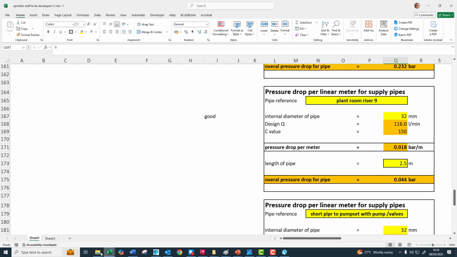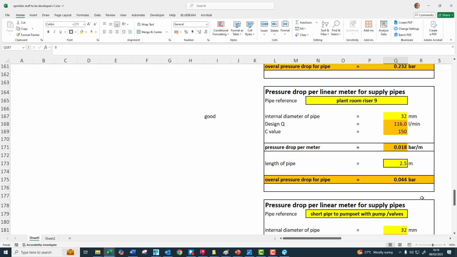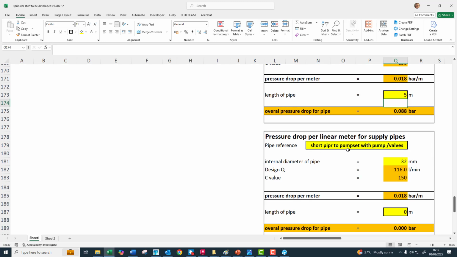So if we say 2.5, and then on top of that we've got one elbow. Take that away. 2.5. So if we say 5 on that. And then the short pipe to the pump sets.